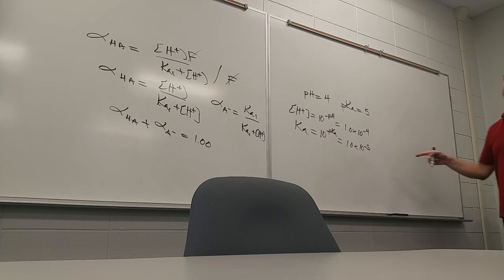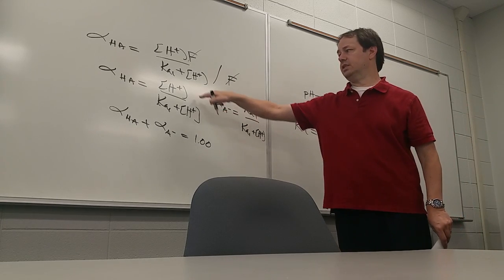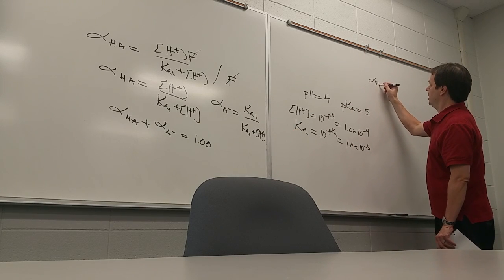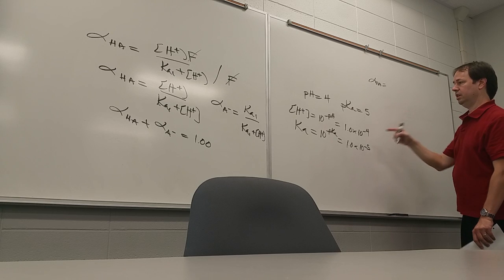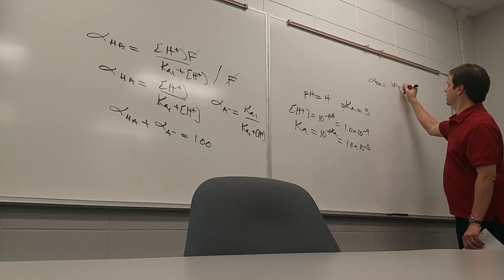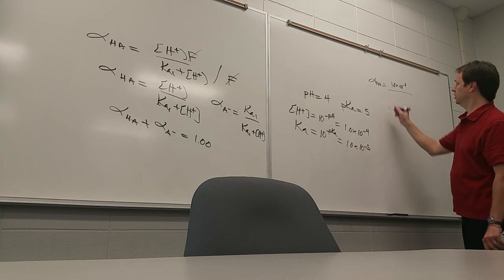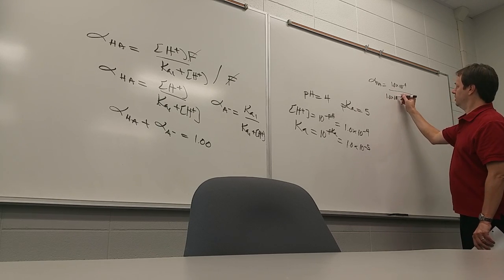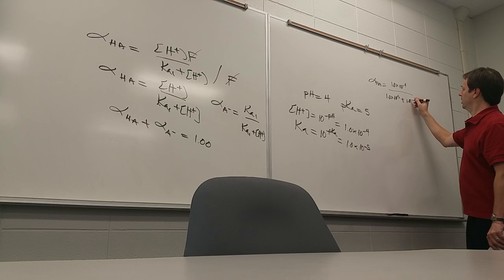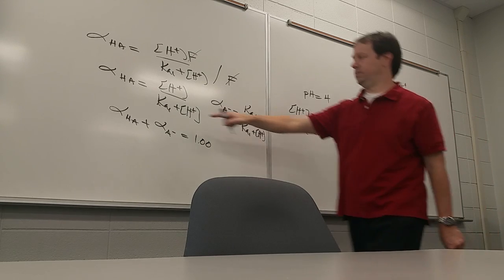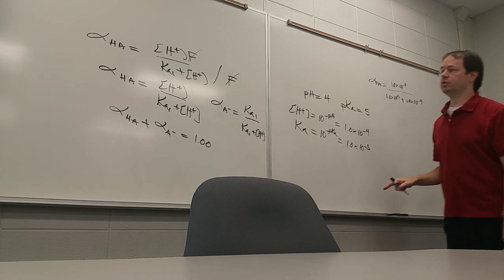So now we want to solve for the fraction of the acid that's in the protonated form. So the fraction of HA would be H plus, which is 1.0 times 10 to the minus 4th, divided by 1.0 times 10 to the minus 5th plus 1.0 times 10 to the minus 4th, by just plugging in the values of Ka and H plus.